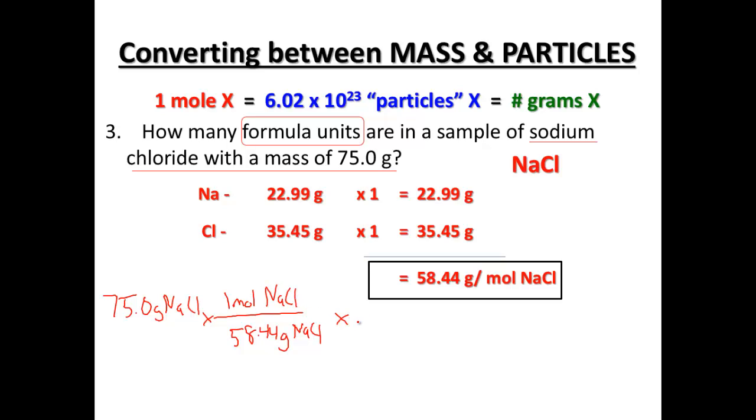And then our second conversion, we want to end up with formula units, so 1 mole of NaCl equals 6.02 times 10 to the 23rd formula units of NaCl. And in the end, when we multiply numbers on top divided by numbers on bottom, we end up with about 7.73 times 10 to the 23rd formula units of NaCl.